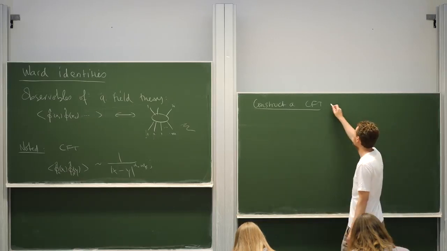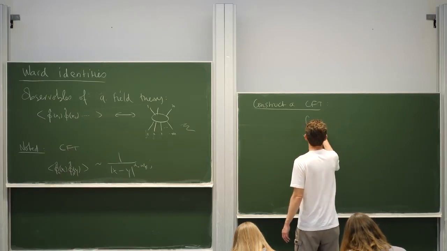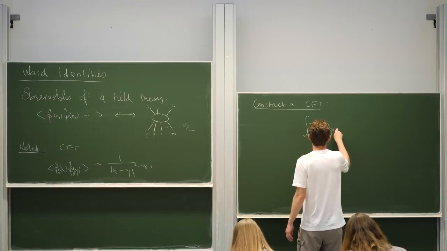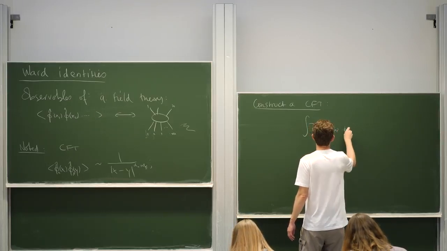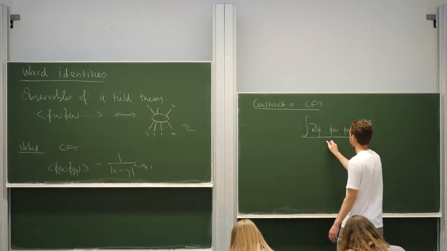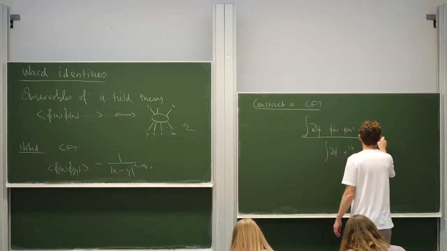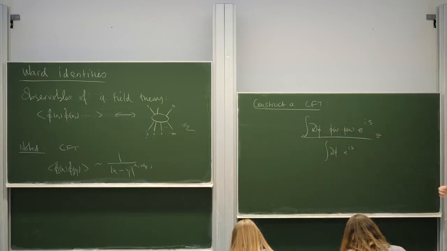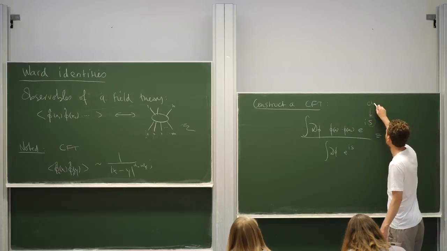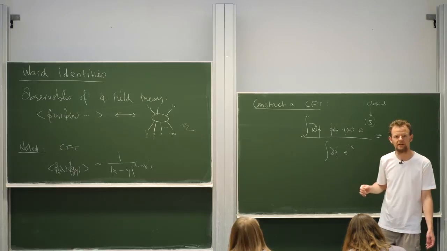Right? So we have this box. There's a very useful box in field theory called the path integral. And this box, you hand it some classical data, and it will return you some quantum data.